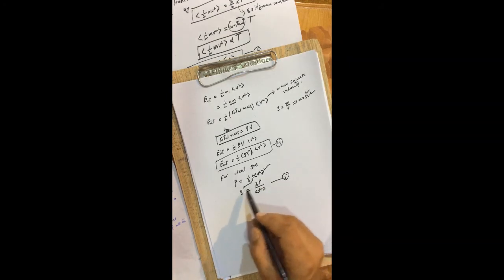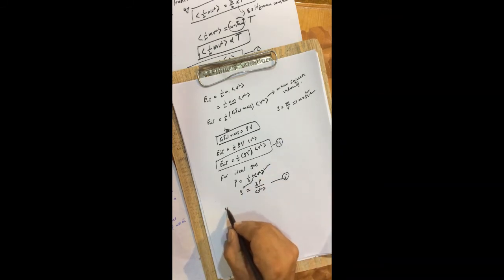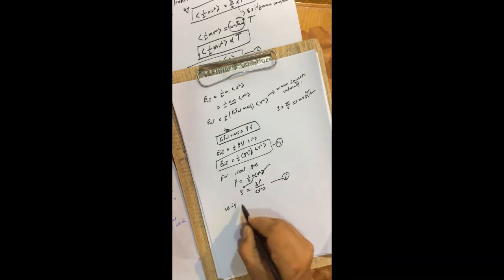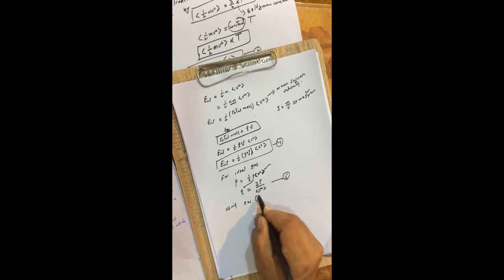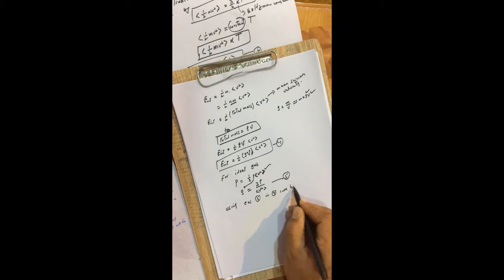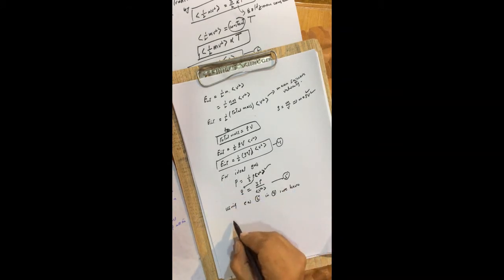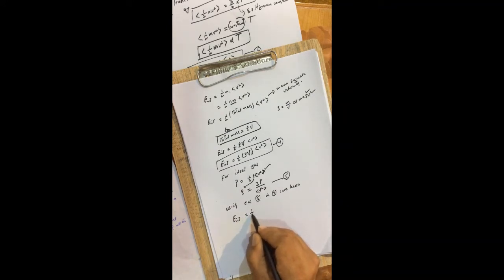Now here I will put equation 5 into equation 4. So using equation 5 and 4 we have, equation 4 is E internal, or the internal energy, which is equal to 1 over 2.